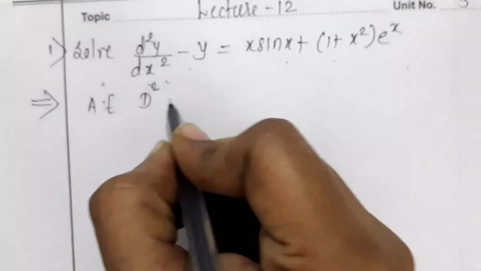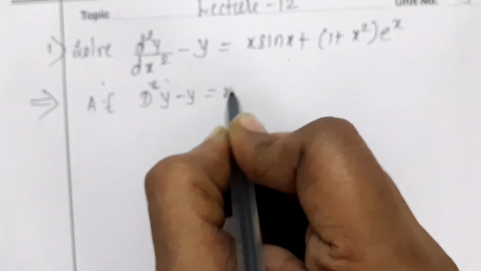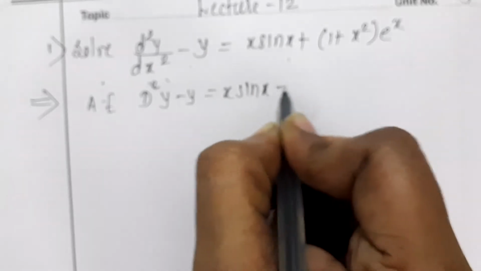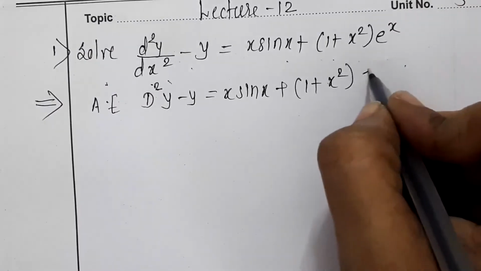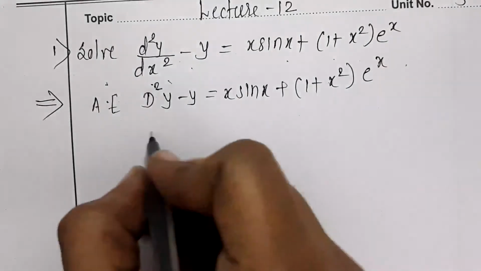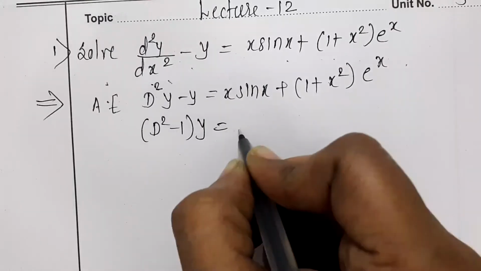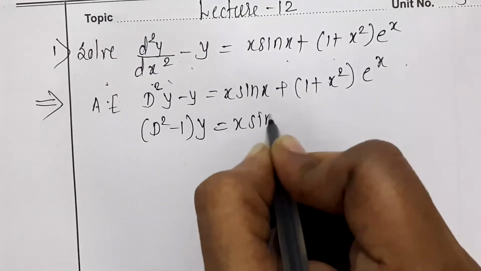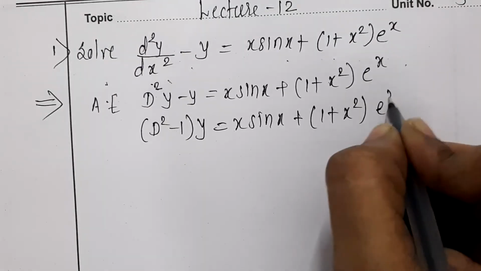So it is d square y minus y is equal to x multiplied by sin x plus 1 plus x square multiplied by e to the power x. Taking y common, d square minus 1 multiplied by y is equal to x into sin x plus 1 plus x square into e to the power x.